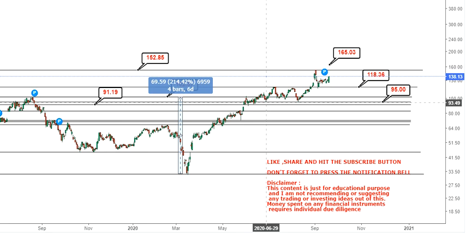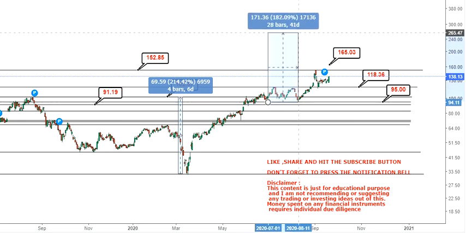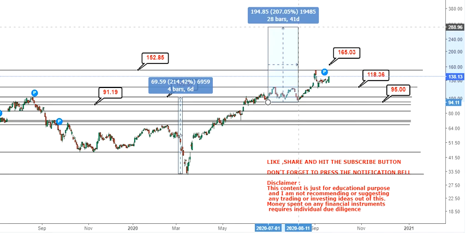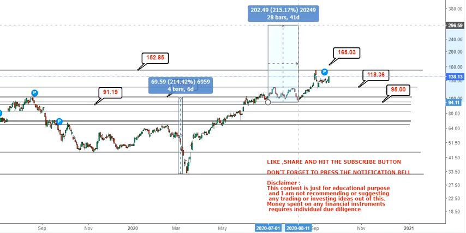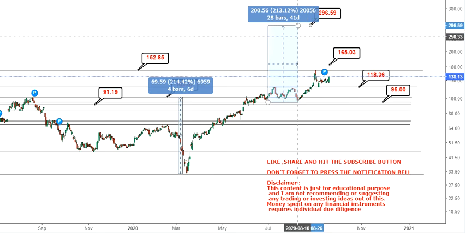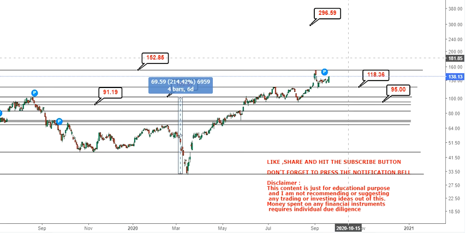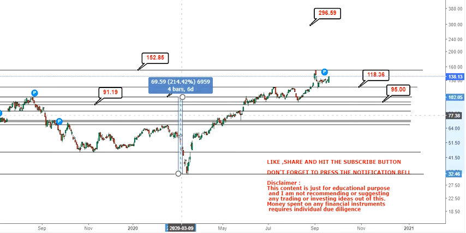Because it has made a breakout, we simply apply the same percentage on the upside, which will give us a target of $296 over a period of multiple months.